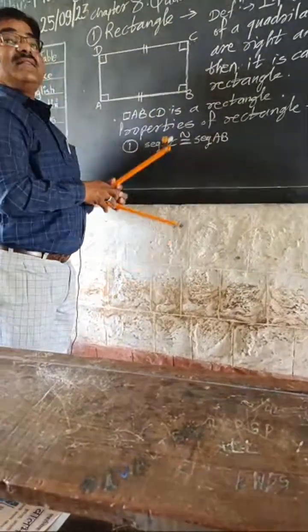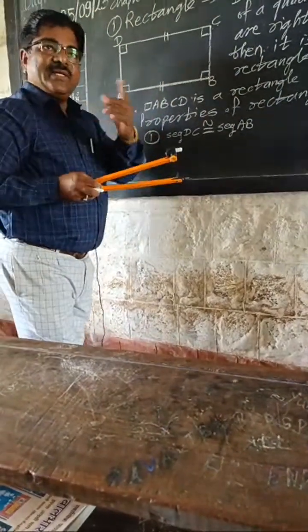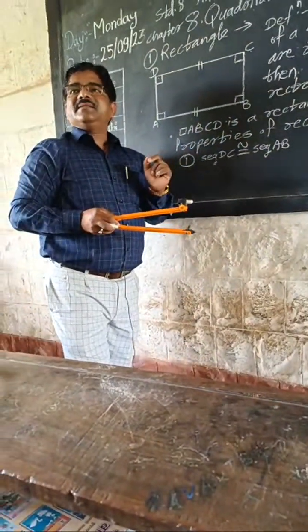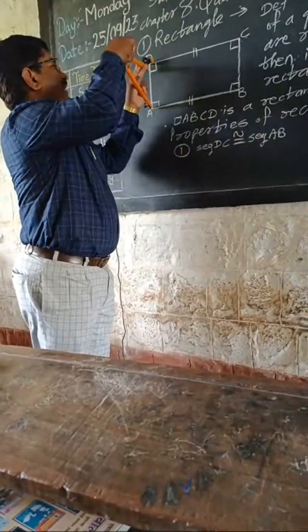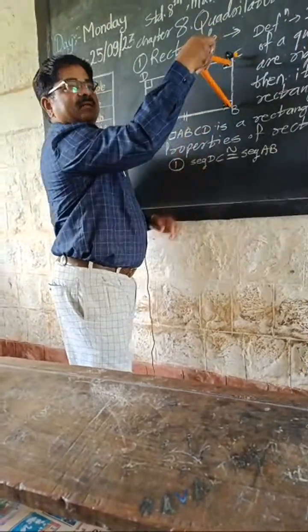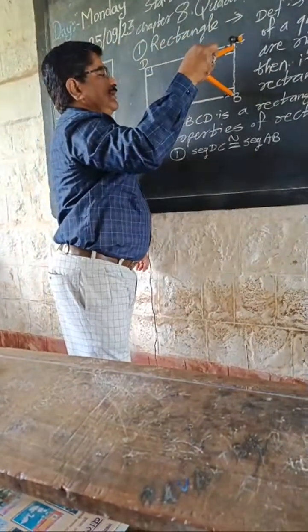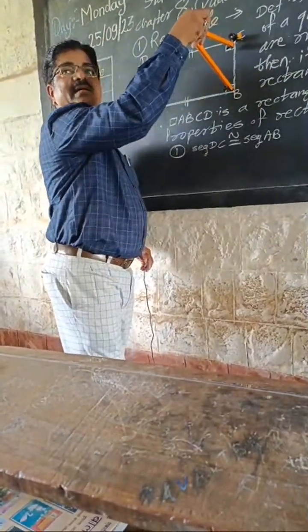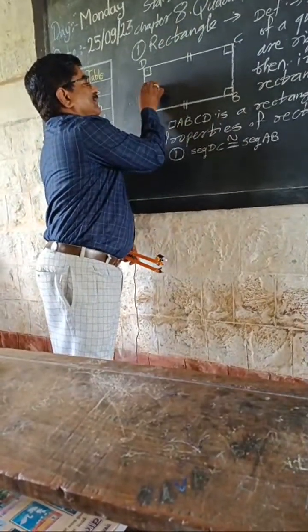Then another pair of opposite sides is which pair? We get here segment AD and segment BC. These sides are also congruent.